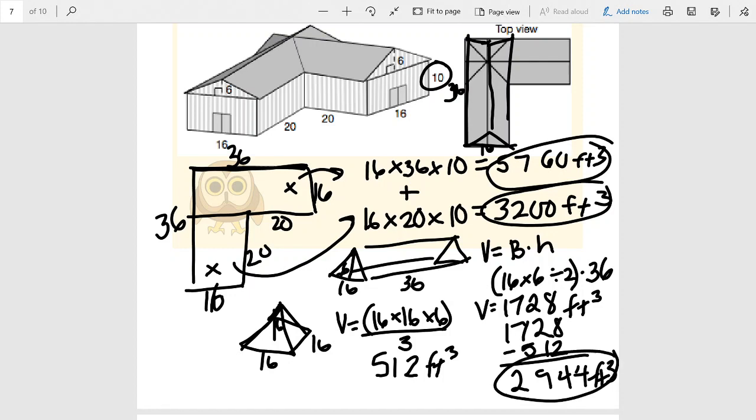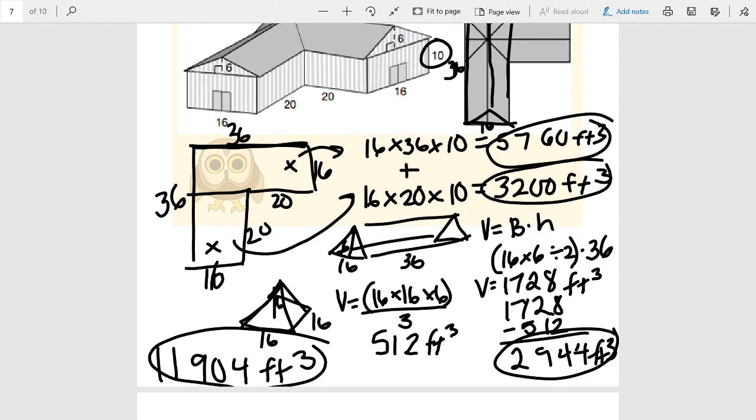Add all of those up and we get a total of 11,904 feet cubed. Okay, a little bit complicated, but all we did was break it into shapes that we knew, and the hard part is figuring out what is that overlap for the roof.